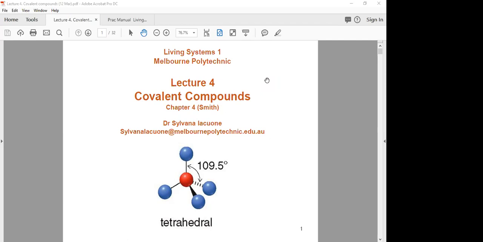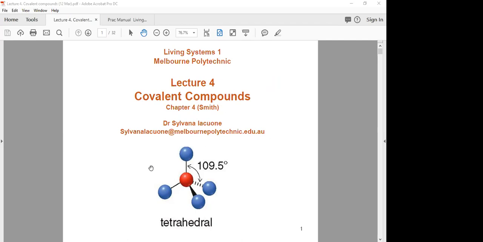In reality, these are the compounds we come into contact with the most, particularly in biological systems, whether they are animals or plants or even bacteria, for that matter.